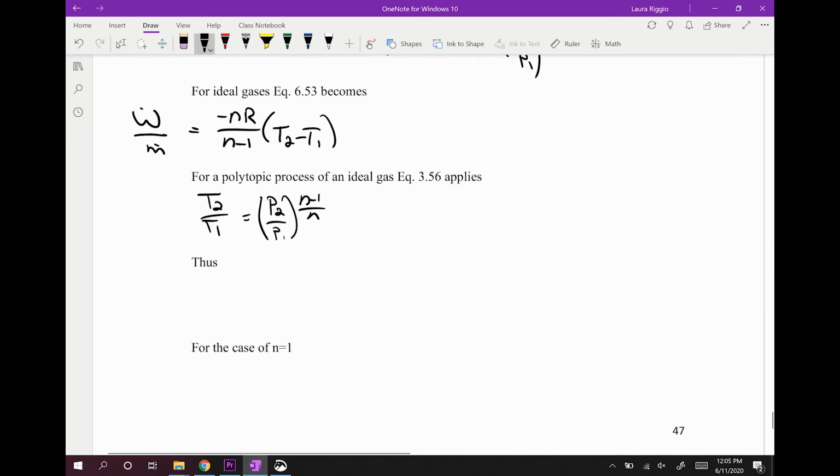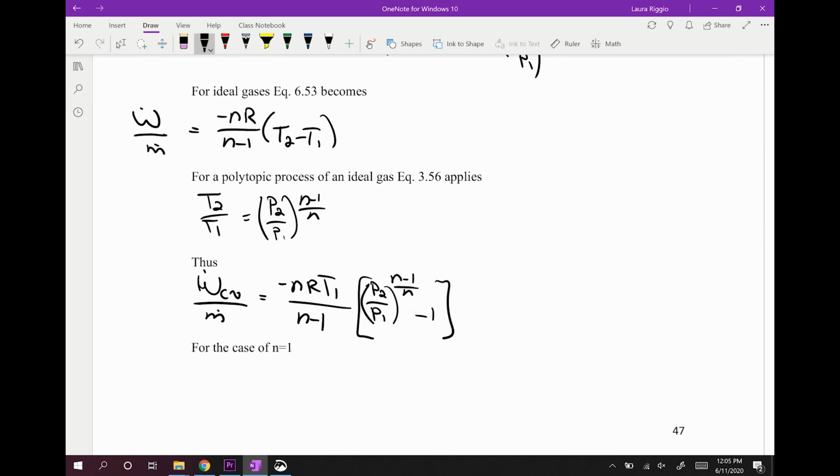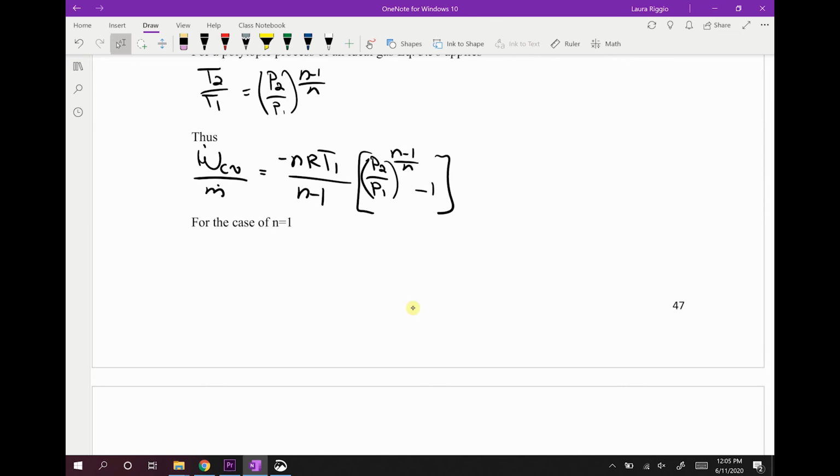Thus, we get that our work is equal to minus nRT1 over n minus 1 times P2 over P1 to the n minus 1 over n, minus 1. And if n is equal to 1, we get our work is equal to minus RT times the natural log of P2 over P1. So this is for internally reversible polytropic processes.